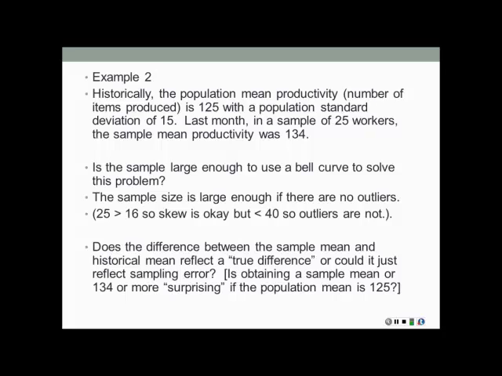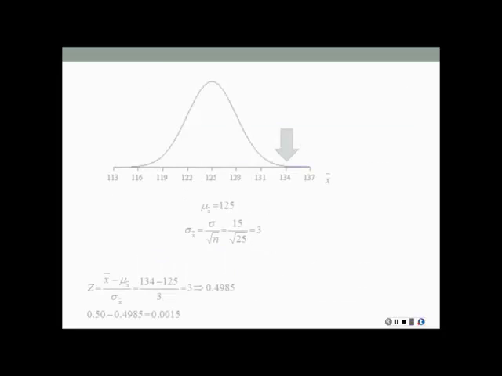Real or sampling error? That's the main idea of hypothesis testing: we want to have some sense of whether what we observe is a real difference or could it just be sampling error.